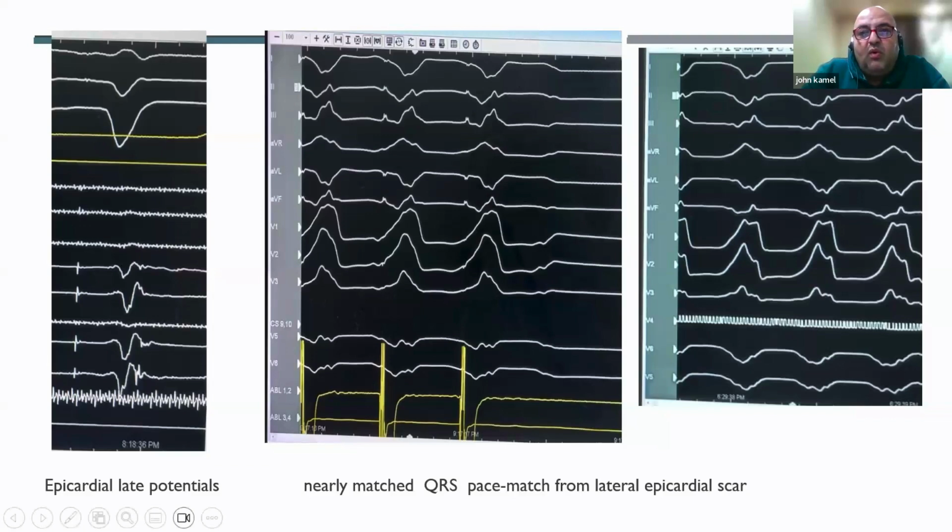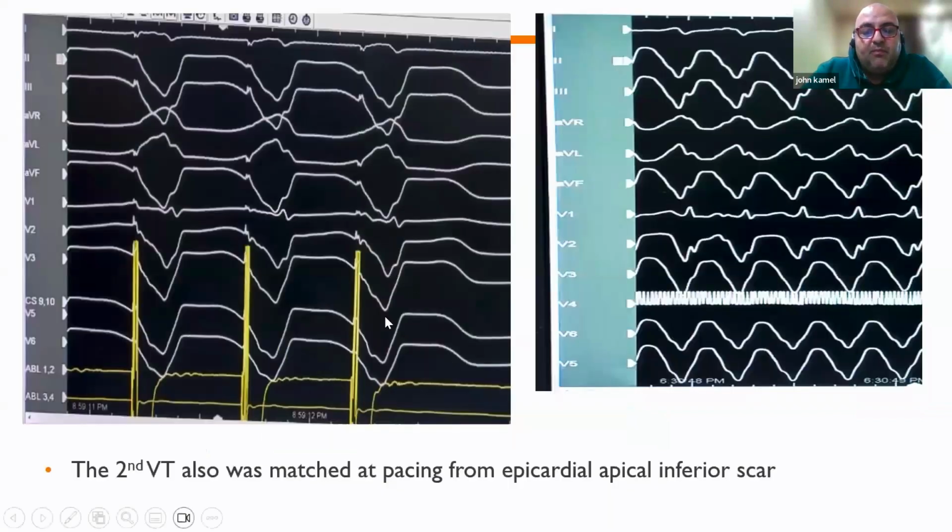After finding that the epicardial late potential matches the clinical tachycardia, this assures us that we are on the right track. Again, from the apical inferior segment, this is pacing from a late potential in the apical inferior scar.